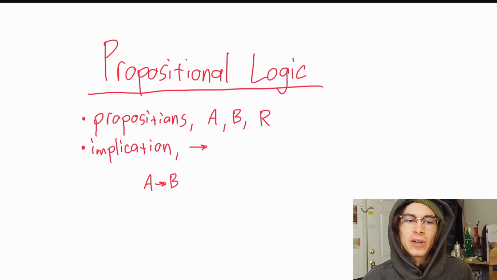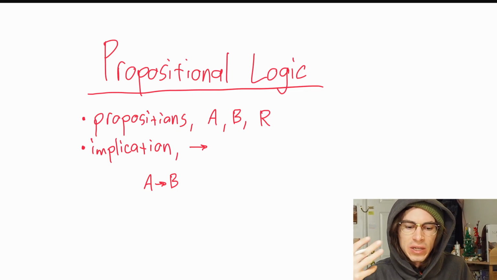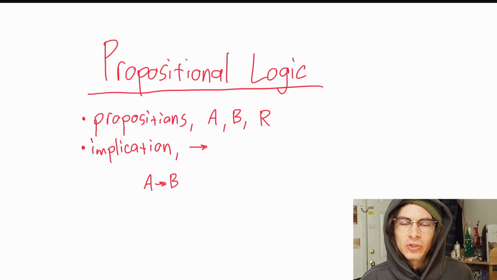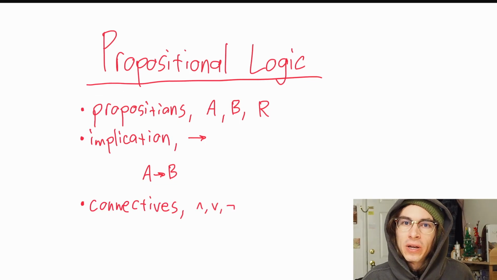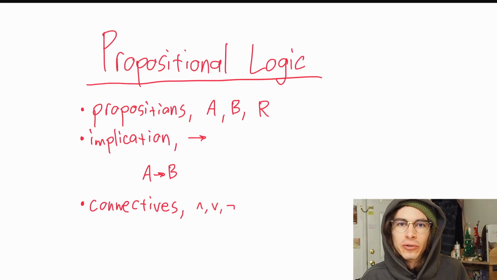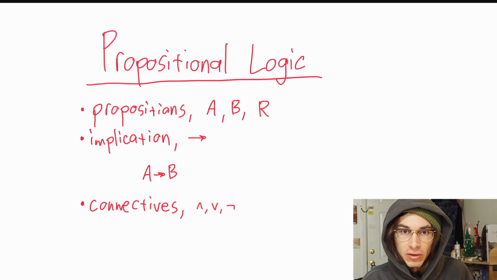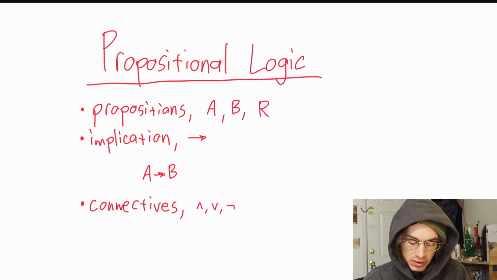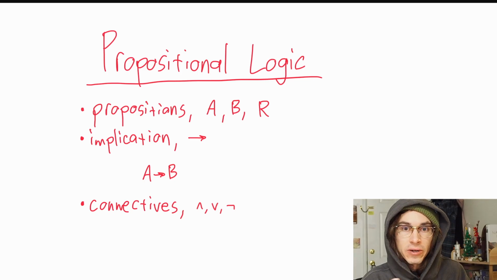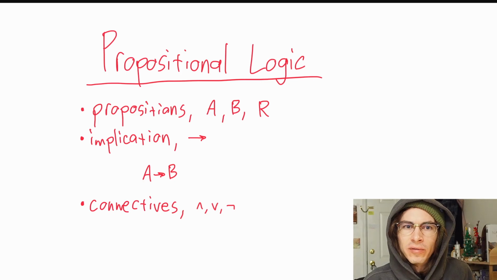They are justified, created in the axioms of propositional logic, which we're about to get to. But that's not very interesting. So we also have these things called connectives. There are more connectives than that, but these are just a few. These connectives in particular represent and, or, and not. And we'll see where those come from too.